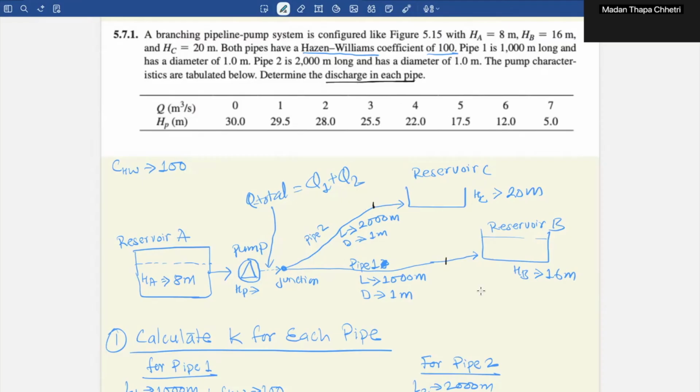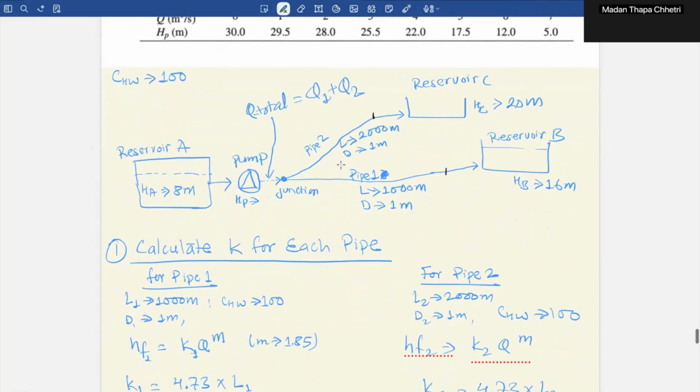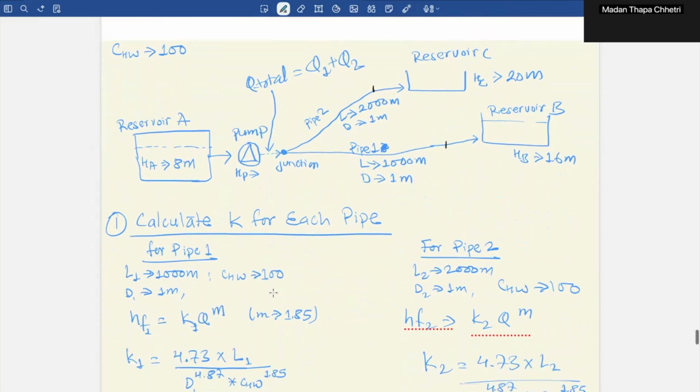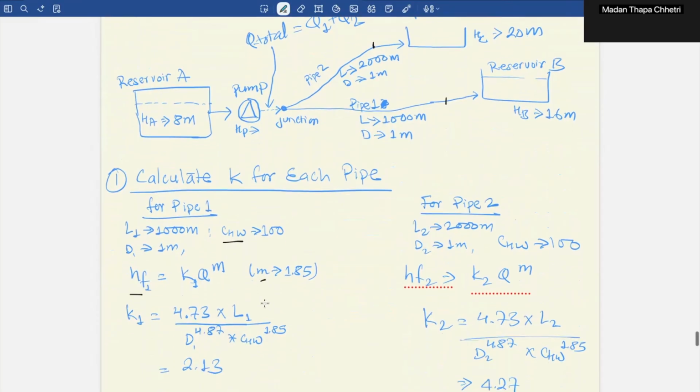Now let us compute K for each pipe. Since we know the dimensions of the pipe, length, diameter, and the Hazen-Williams coefficient is also given, from that we can compute HF, the head loss due to friction, and M is also given.